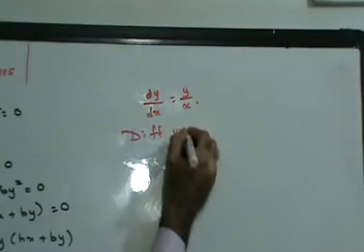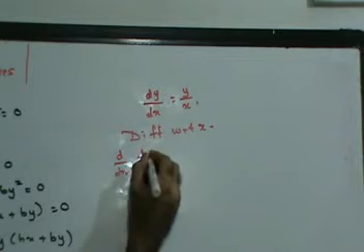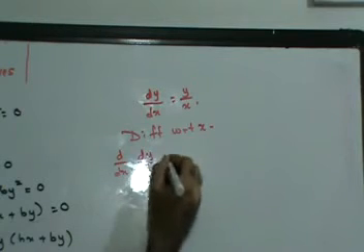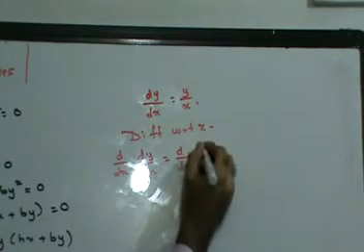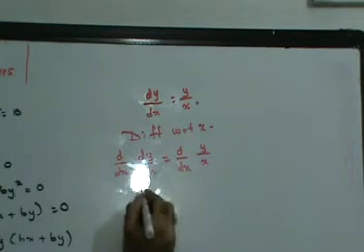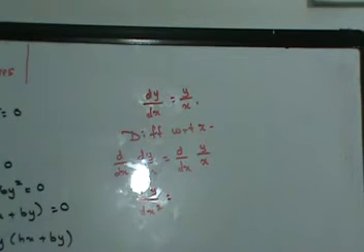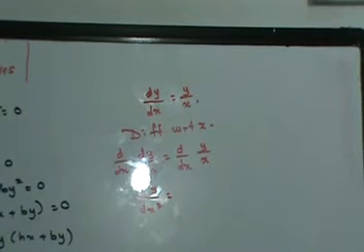Differentiate this again. If I differentiate with respect to x, I will get d by dx of dy by dx is d by dx of y upon x. Now, this is going to be d square y upon dx square. Here you will use the u upon v formula.